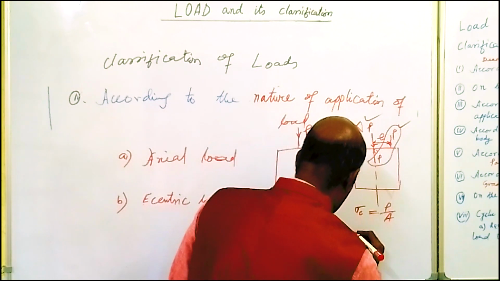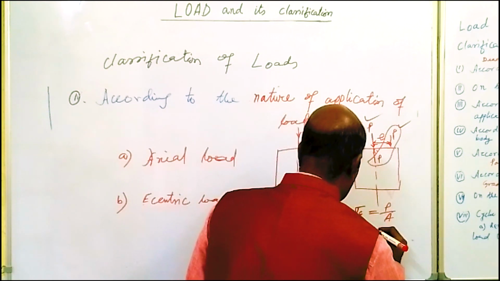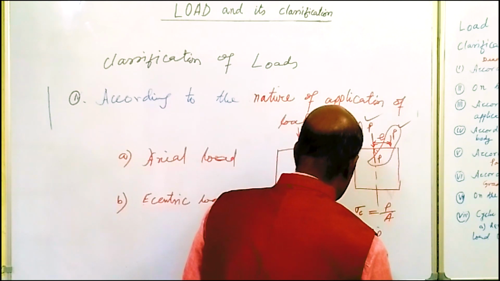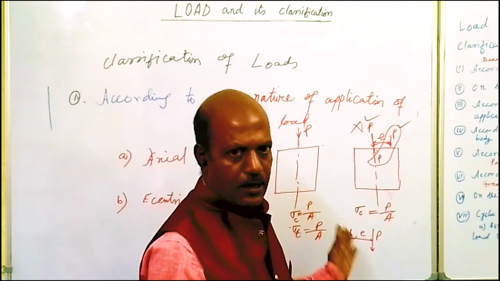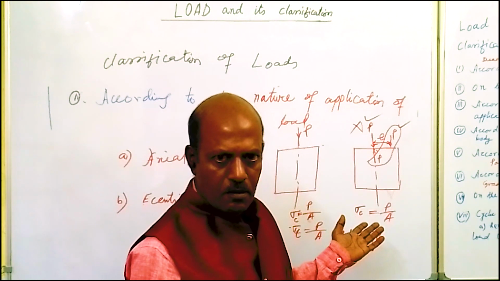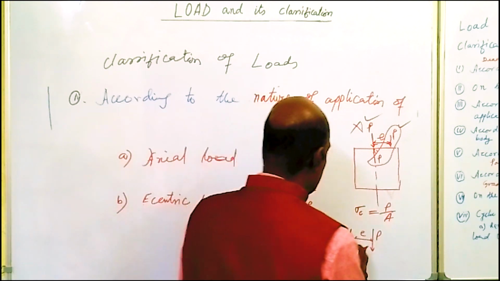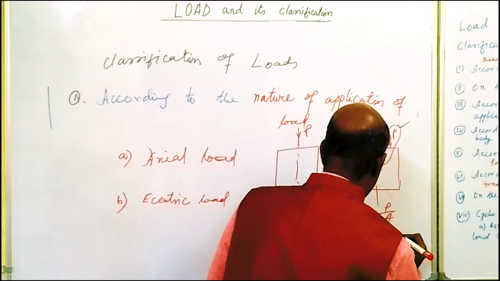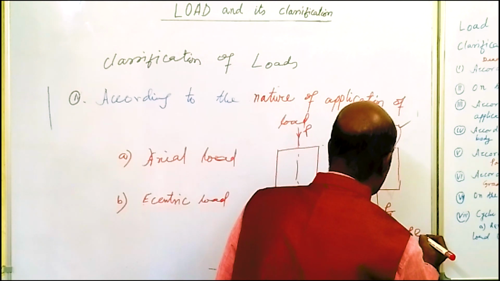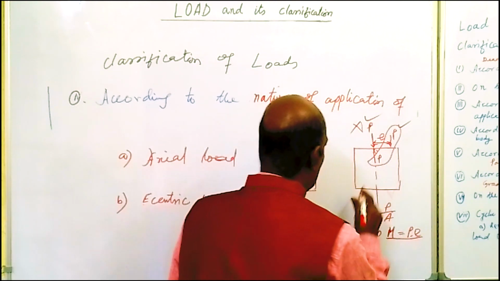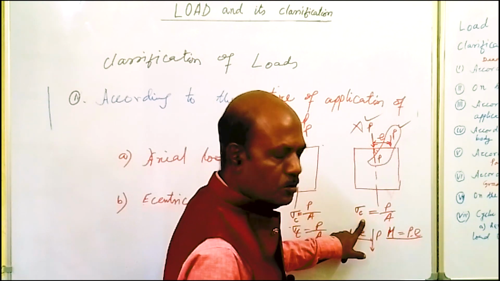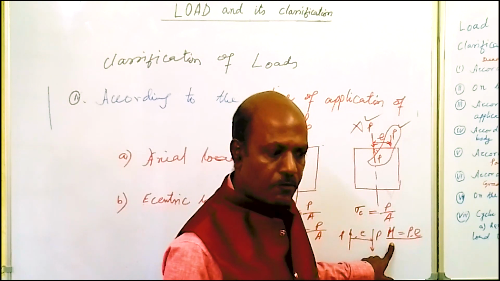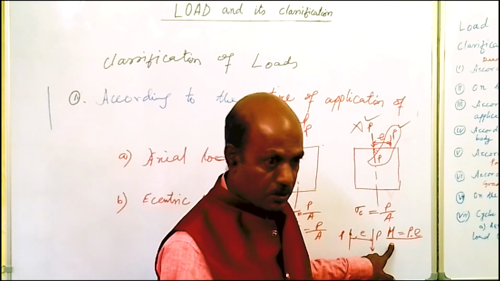If we see separately, this is the P and this is the P, and the distance between these two P is e. So these two equal, opposite, parallel forces form a couple. What is the magnitude of this? Say M is equal to P into e. So because the load P is not passing through the axis, it will produce direct compressive stress as well as a moment along with the direct compressive stress.